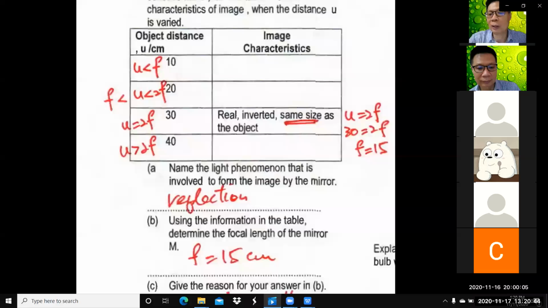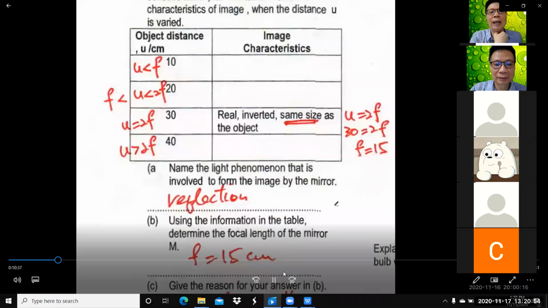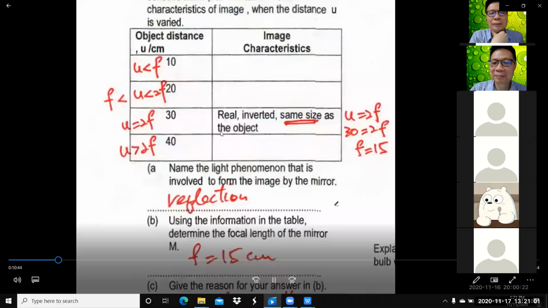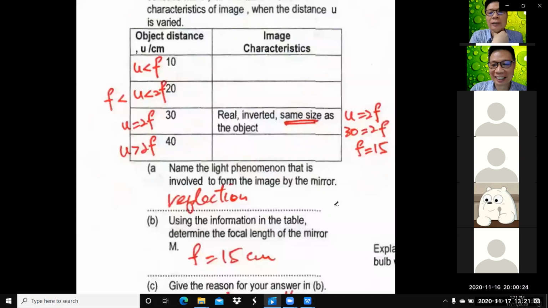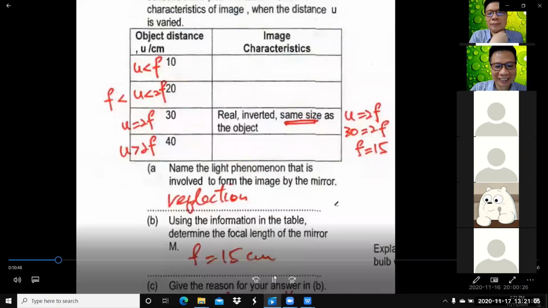Nicole, can you tell me why? What reason can you say F equals 15 there? When u is equal to 30, the image formed is real, inverted and same size. What is the reason? Why can you say the focal length is 15?